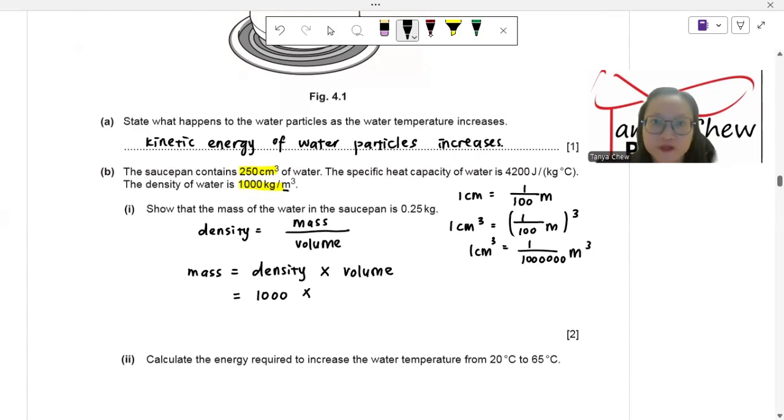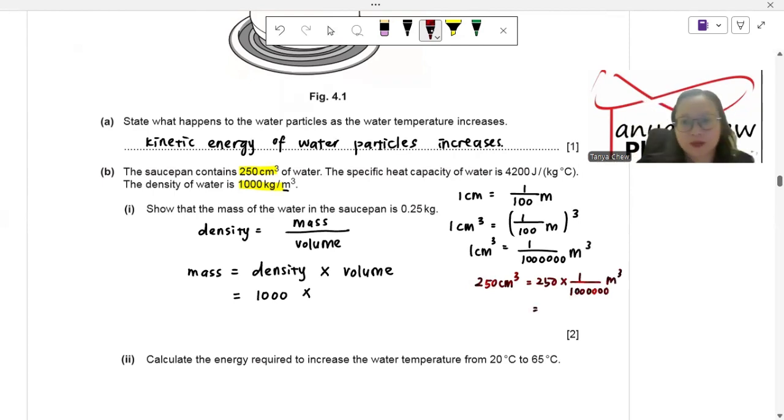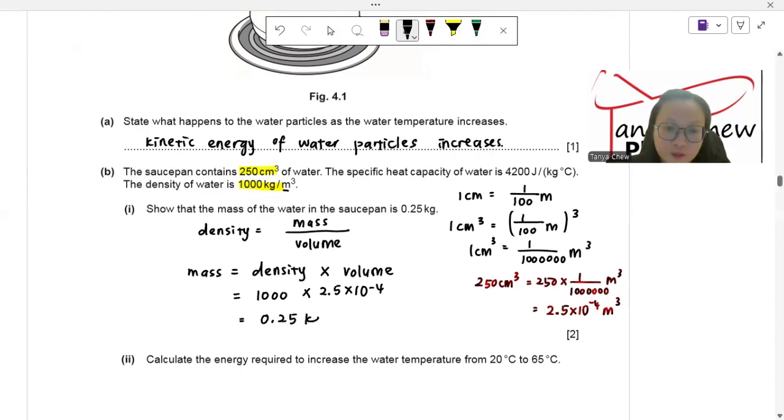Now you have 250 cm cube, so 250 cm cube is equal to 250 times 1 over 100 cubed meter cube. I got 2.5 times 10 to the power -4 meter cube. All you need to do is sub into your equation of mass, with volume 2.5 times 10 to the power -4. Then you will end up getting the exact answer, which is 0.25 kilogram.